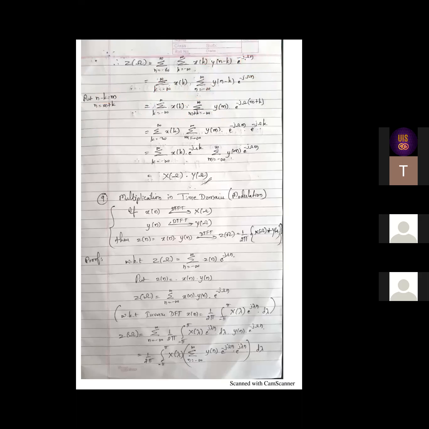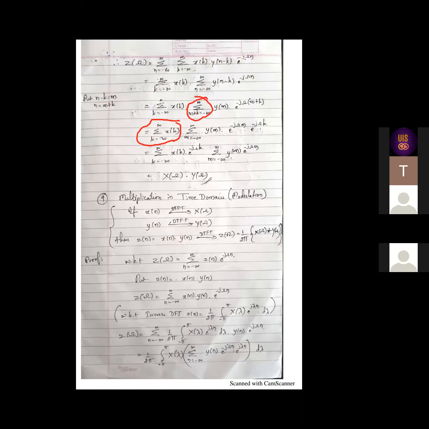After that, this particular part I have kept as it is. The summation is for m, because if I take k to the RHS, in infinity adding or subtracting k doesn't make a difference. So the summation is from minus to plus infinity, y of m as it is.